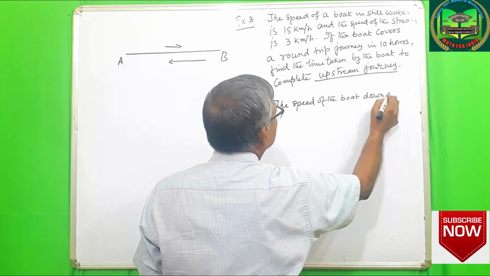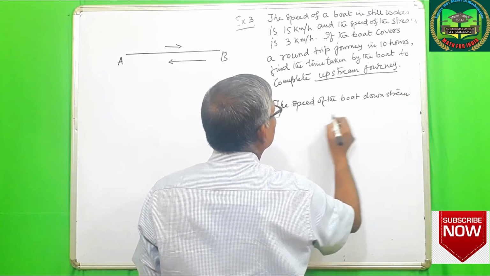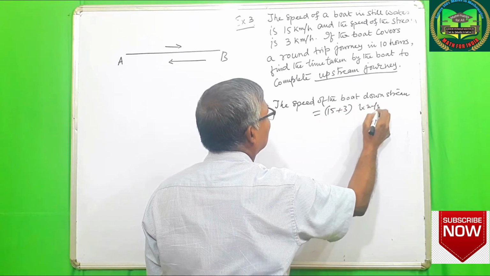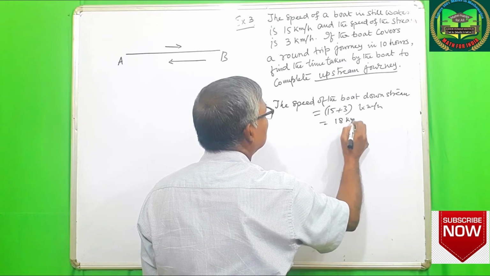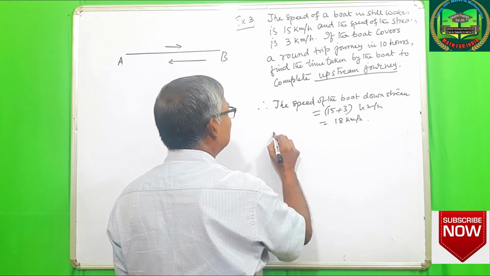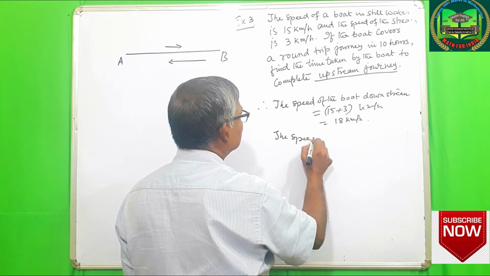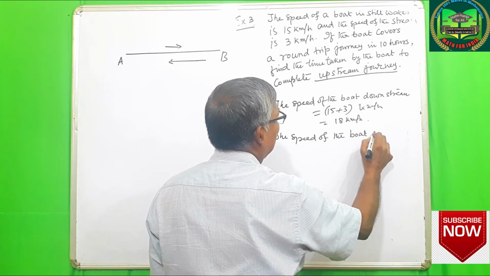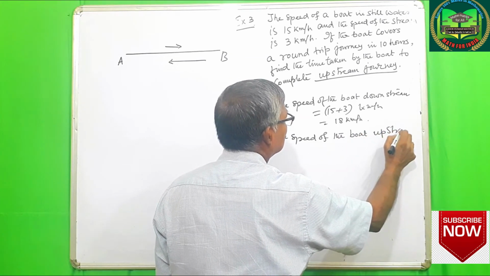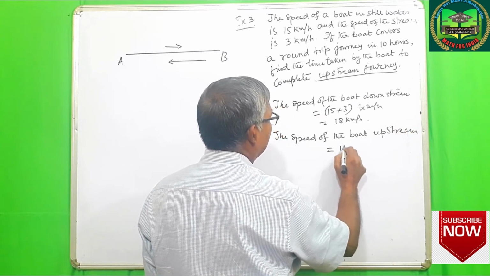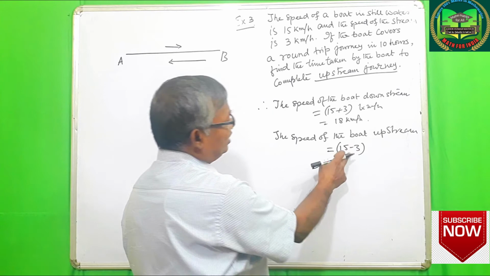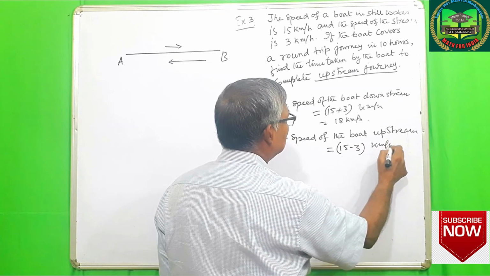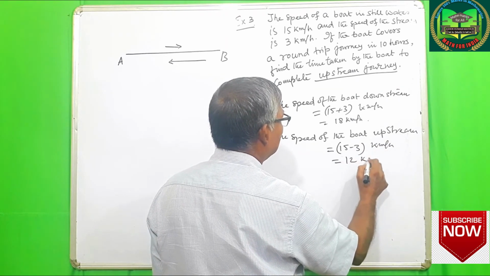Therefore, the speed of the boat downstream equal to 15 plus 3 km per hour, that is 18 km per hour, and the speed of the boat upstream equal to 15 minus 3, the speed of the boat minus speed of the stream, kilometer per hour, that is 12 kilometer per hour.